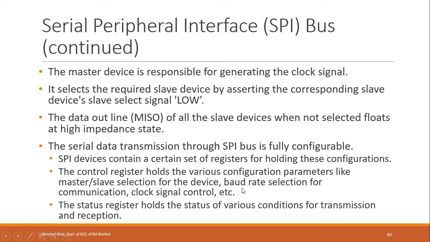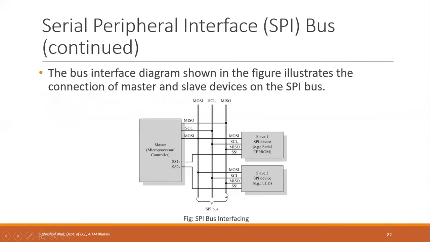Then the baud rate selection for communication, that is the rate of data transfer used for communication. Then the clock signal control, the frequency of the clock signal and so on, will be stored in the control register. Then the status register holds the status of the different conditions required for transmission and reception.